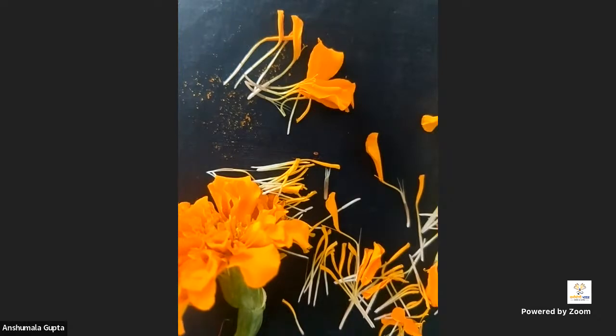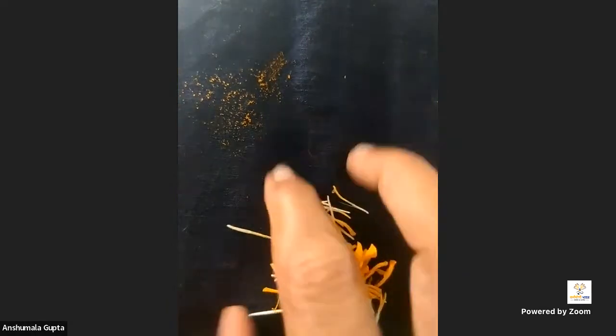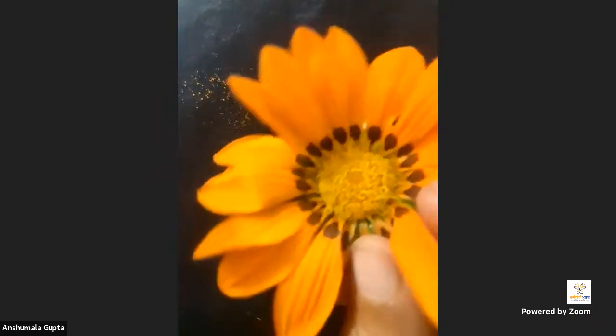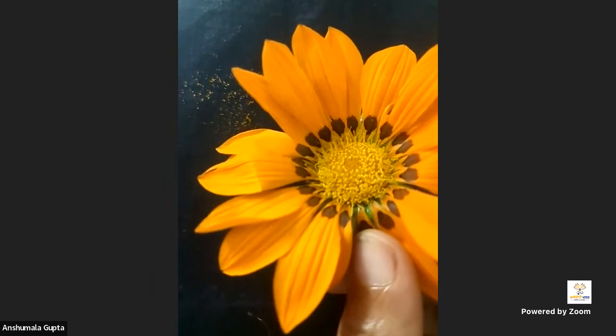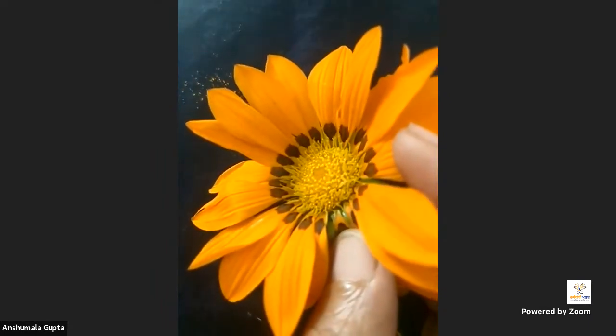Here's a flower which is quite similar to sunflower. This is not sunflower, but the disc is very clearly visible.